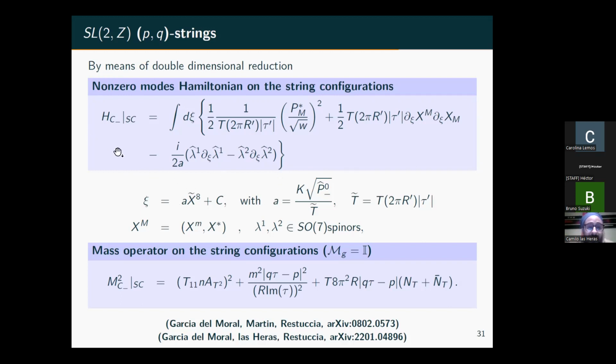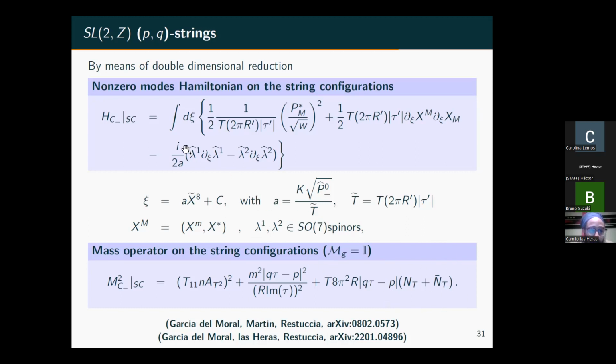So far we were able to show that the non-zero mode Hamiltonian of the M2 brane with fluxes can be written in this way, which is really reminiscent of a string light-cone gauge Hamiltonian. Therefore, if we follow the standard procedure, we are able to reproduce the full mass operator of the M2 brane on the string configurations, which has a winding term, a Kaluza-Klein term, and some term related to the oscillators that come from the membrane excitations.